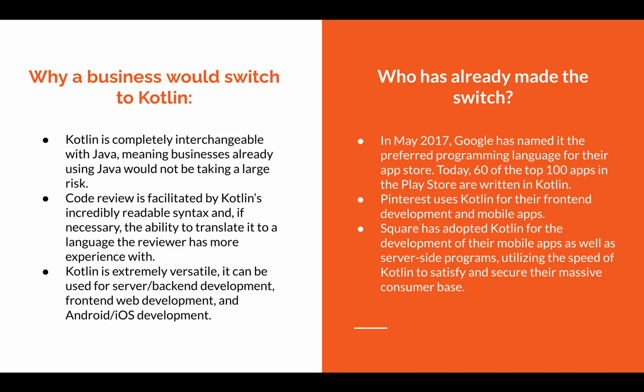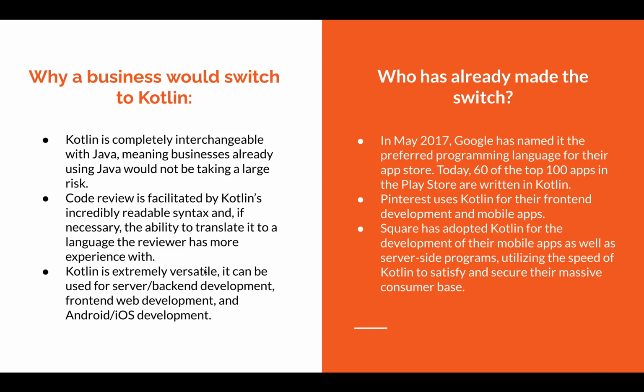It's a lot more feature-packed. However, it doesn't sacrifice the more veteran developers in the business not being able to understand how to read Kotlin, because IntelliJ has added that function of being able to translate it. It makes code reviewing extremely easy.